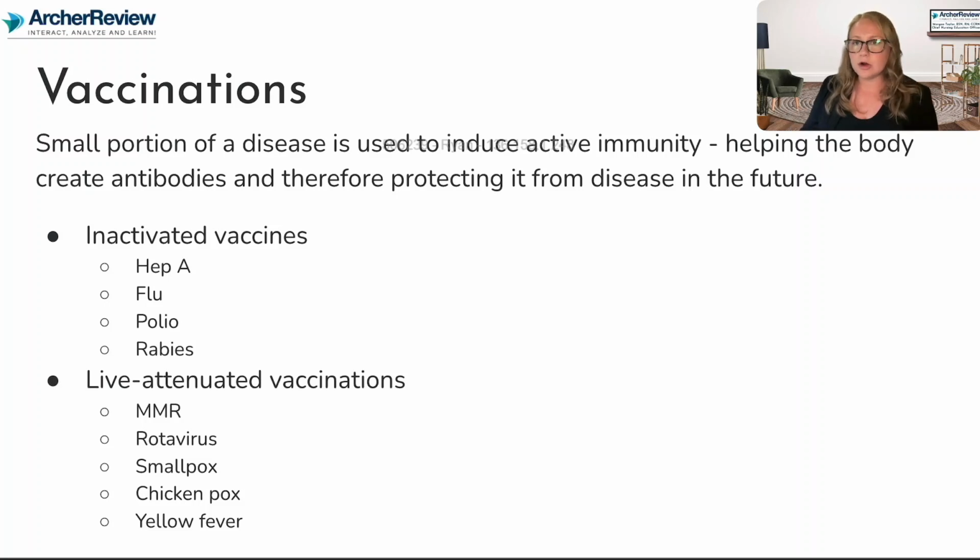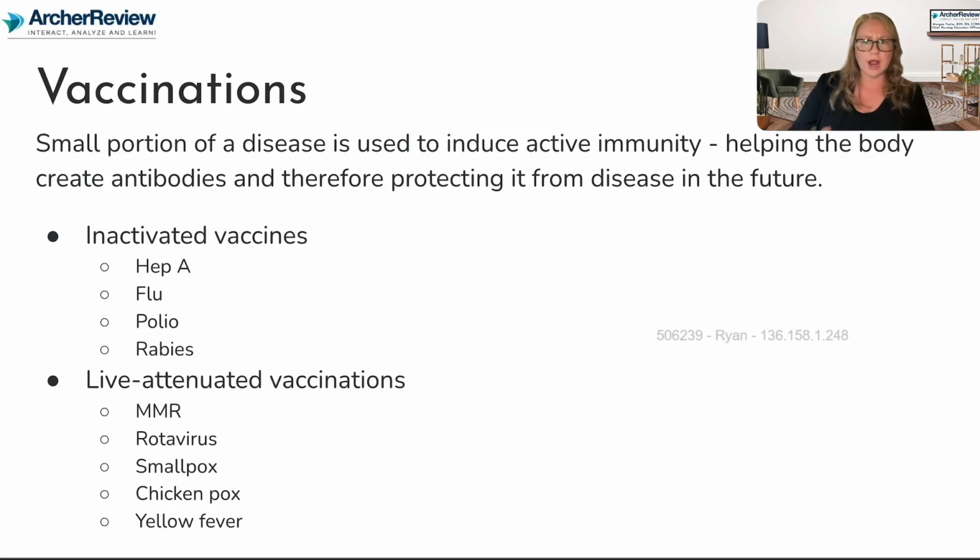We're going to learn, oh, hey, that's what that antigen for the flu looks like. I'm going to make some antibodies. And it's just a really small little inactivated part of the flu, so it doesn't actually make us sick, but our body forms those antibodies. So when the flu comes around in December, like it always does, I'm already going to have some antibodies ready to go and fight it off.